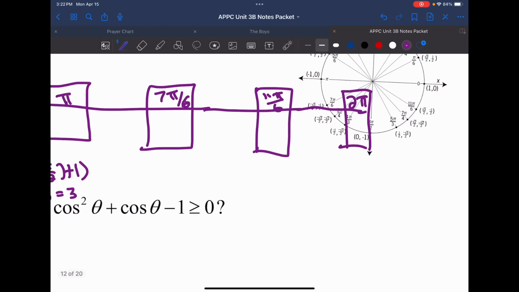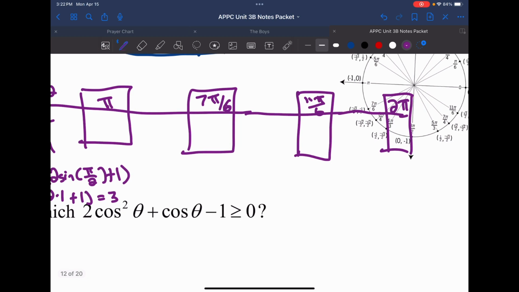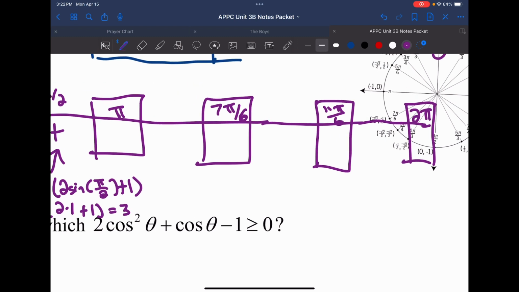So the thing is here, I'm going to have the sine value. The weird part is for this one, what do you plug in here? I'm not real sure, because when I try to plug in on this one, there's no easy number to plug in.